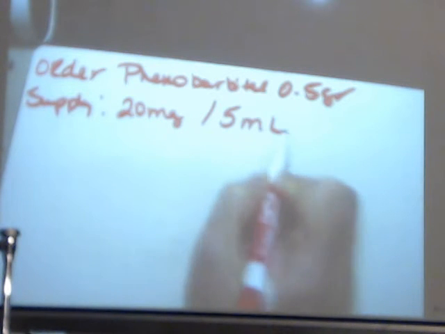What we have on hand, our supply, is 20 milligrams per 5 milliliters.